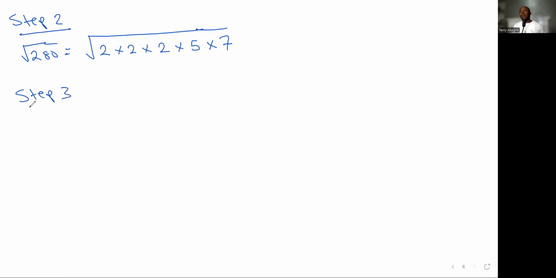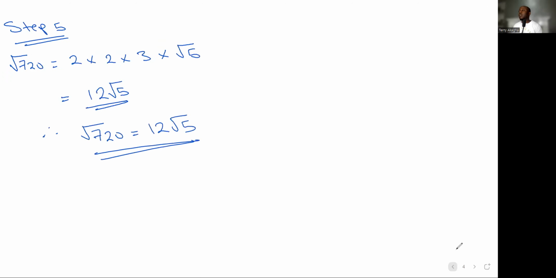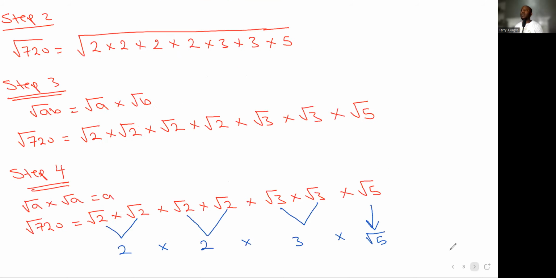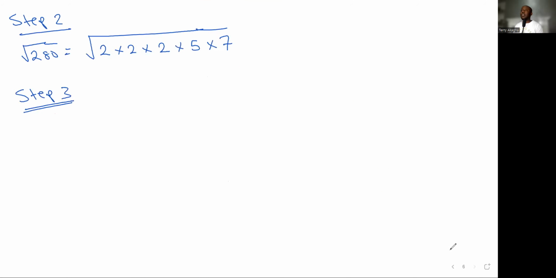All right. So step 3 now, what did step 3 say? For step 3, we're told to break down the prime number product into single surds by applying the product law of surds. So we're going to go back here. So we're going to break it down.